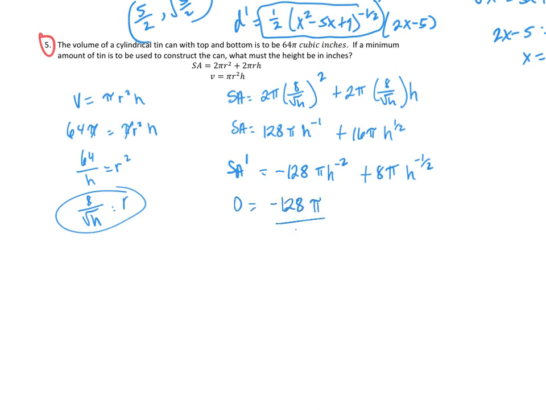So I'm going to bump h to the negative second back down, and h to the negative 1/2 down as a square root. But that's just preference. So I have 0 equaling 2 fractions, which is great because I can turn it into a proportion. I can cross multiply.